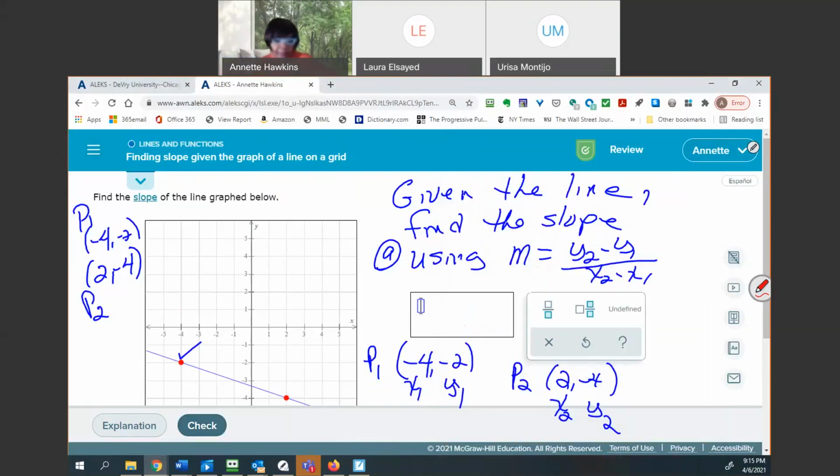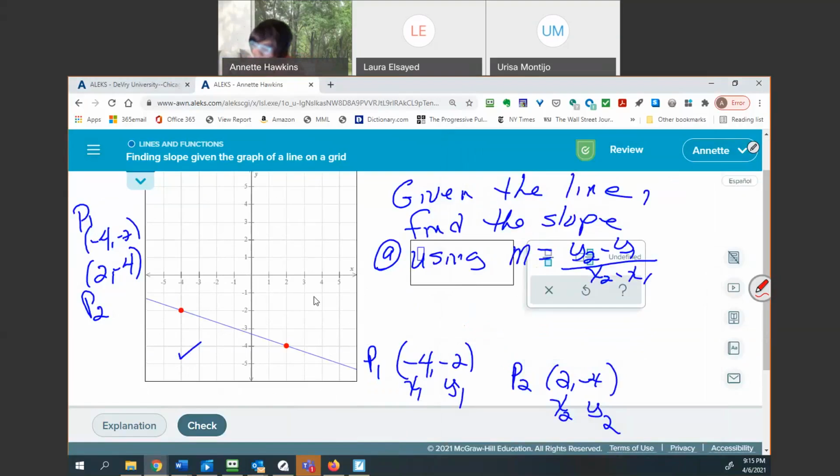Okay? So if I use rise over run, select any point that you want. It does not matter. Select any 2 points. We can do it both ways. All right? So I'm going to start with this point, and I'm going to travel to this point right here.